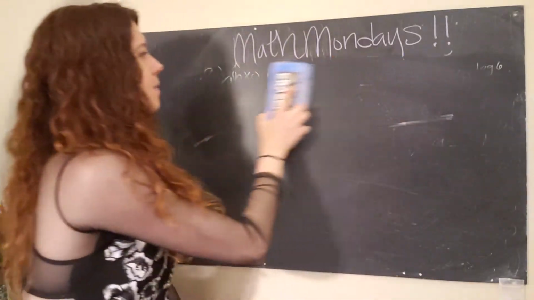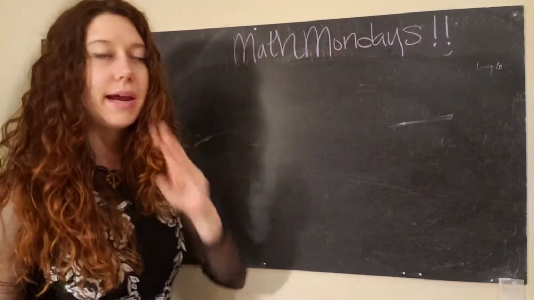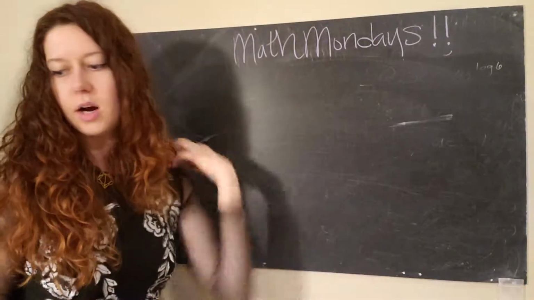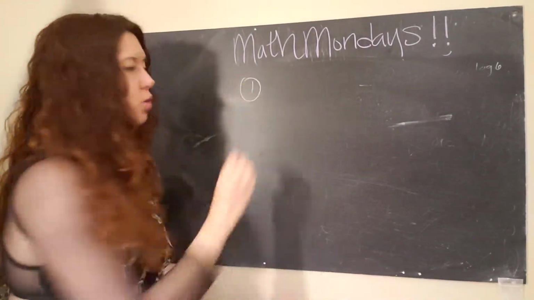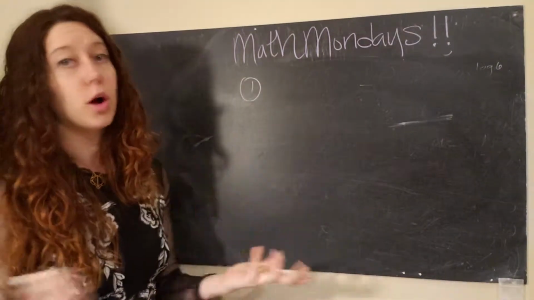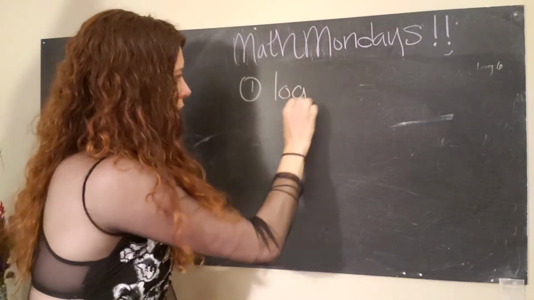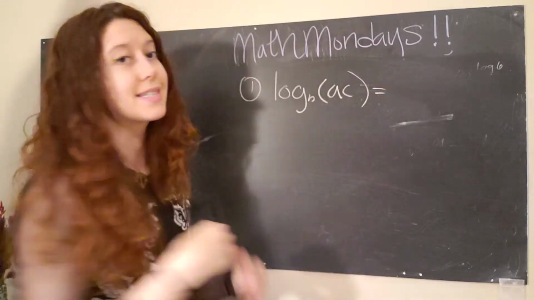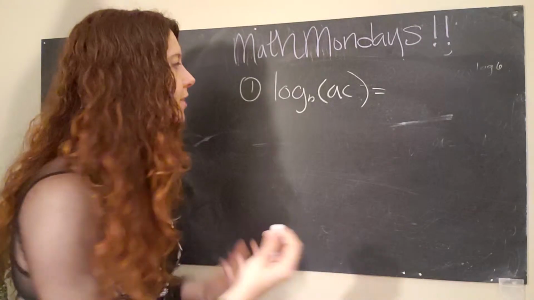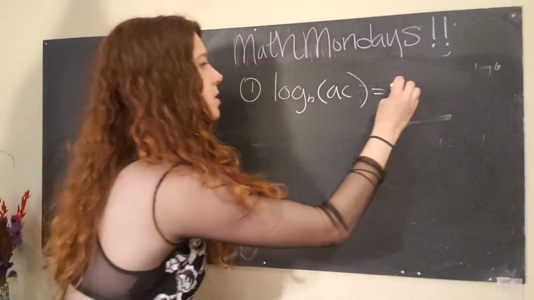So I'll end by going over the 3 main rules of logarithms, one of which we basically just derived. So the first one is the product rule. If you have a log with base b of a times c, you can separate these and add them and get the equivalent result.